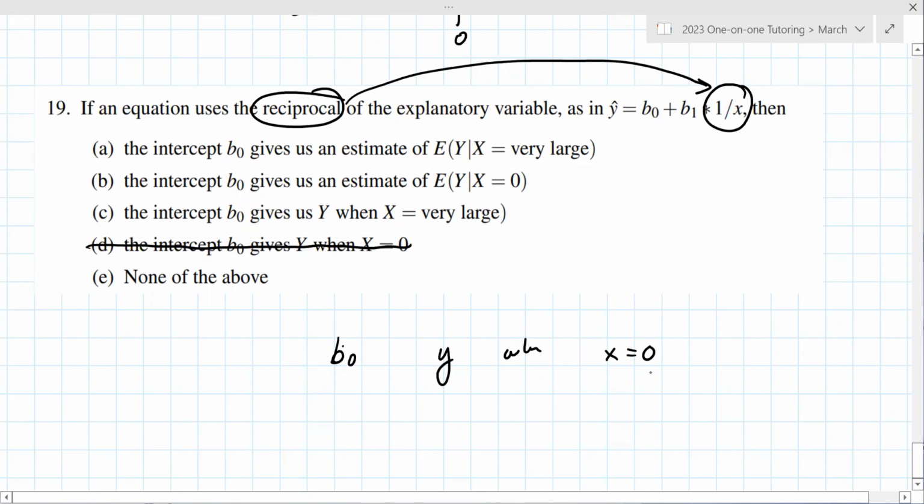So you can think of X being 0 over 1, so the reciprocal is the equivalent of 1 over 0. It means that it's not exactly 0. Think of it as like 0.00001. So 1 over that is a really large number. So I believe it's C.